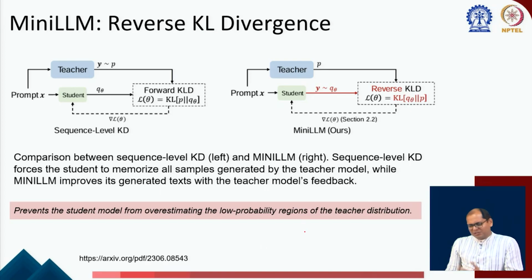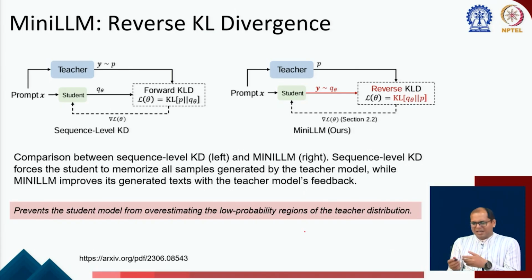Now there is also a recent paper which says that the idea of generating the sequence by the teacher model and letting the student model mimic that generation doesn't help in generative models. What is the problem with this approach? You are generating a sequence through the teacher model and asking the student model to have a high probability for that.